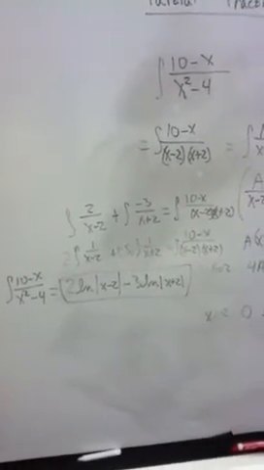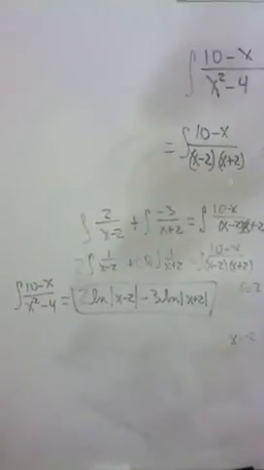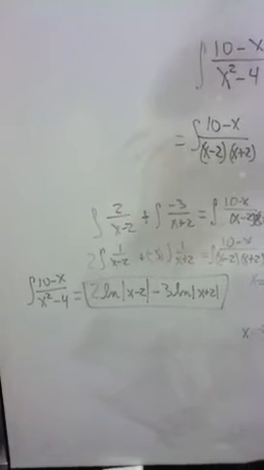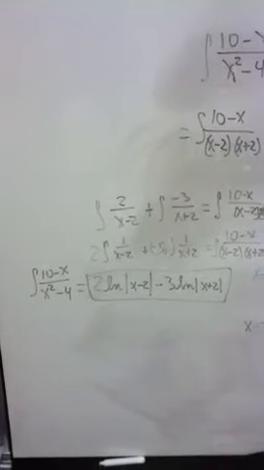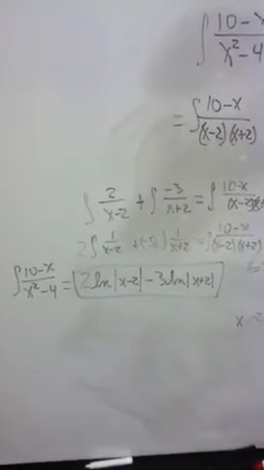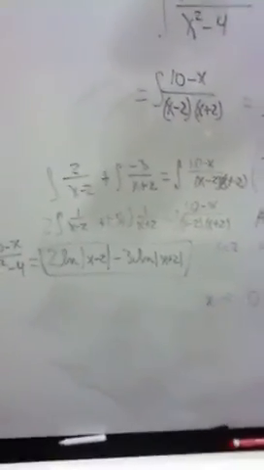Your 2 and your -3 are just constants, so you can factor them out and put them on the outside of the integral. So now you have 2 times the integral of 1 over x minus 2, plus -3 times the integral of 1 over x plus 2. And this is an integral that you know how to solve, because it's 1 over x, the integral of that is just ln of the absolute value of x.